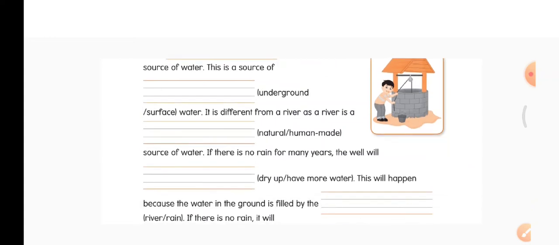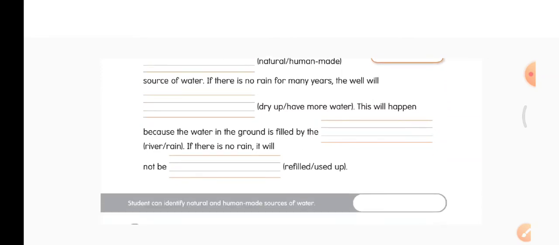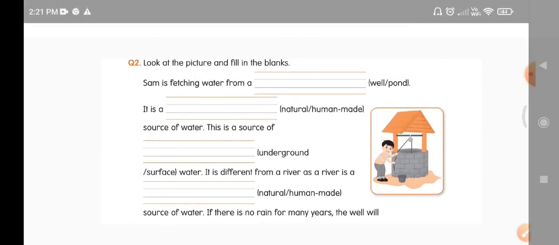Natural is the answer. Fifth one, if there is no rain for many years, the well will dry up. This will happen because the water in the ground is filled by the rain, right? If there is no rain, it will not be refilled. These are the answers for the workbook.